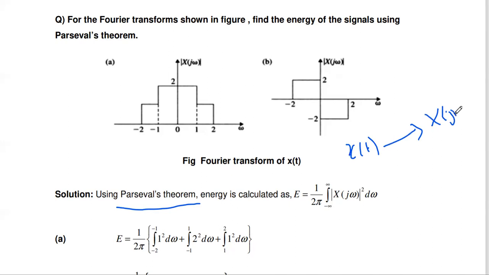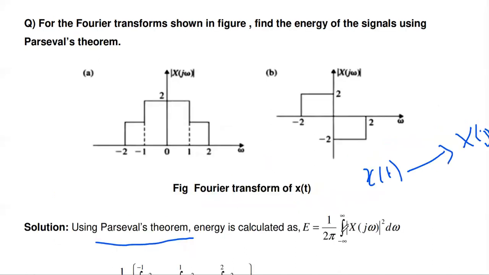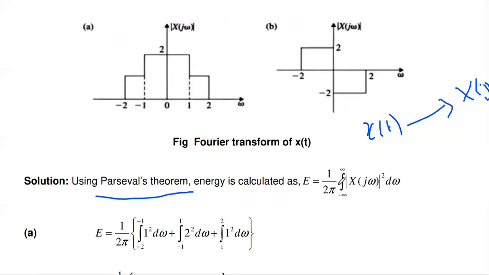So if we have X of j omega, we may calculate the energy of the particular signal. The formula is E equal to 1 divided by 2 pi, integration from minus infinity to infinity of modulus of X of j omega whole squared d omega. This is the Parseval relation.